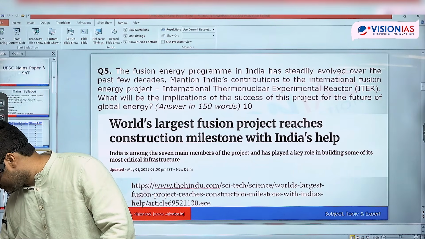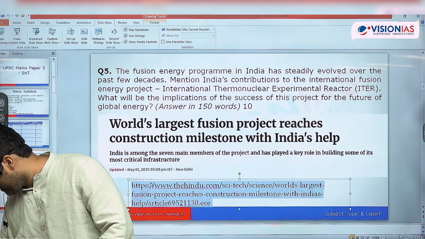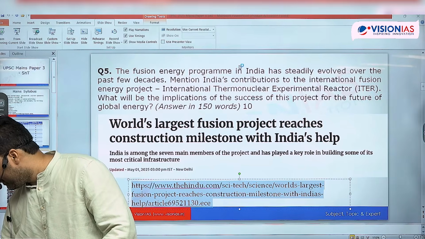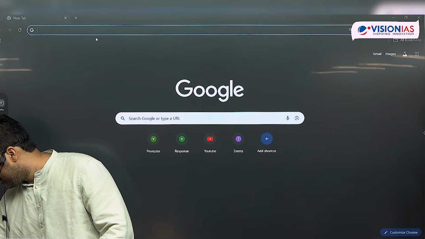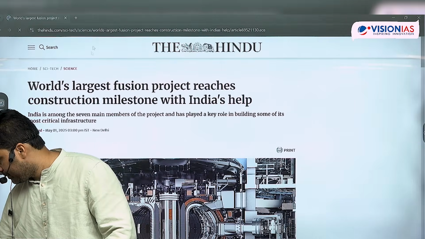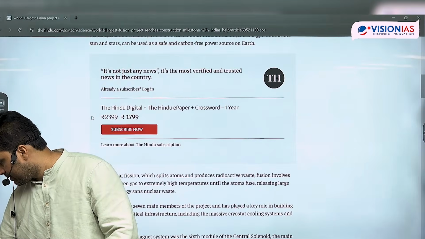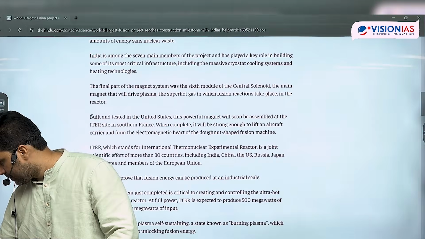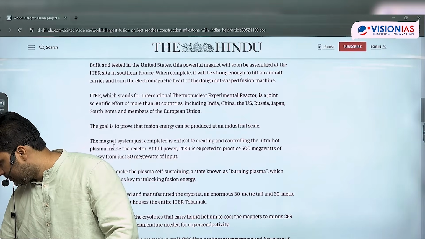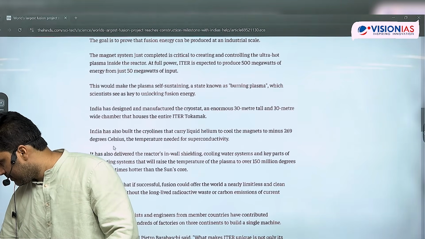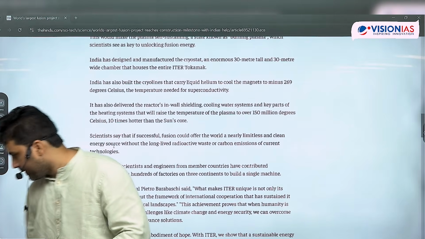In fact, let me show you if the article is not beyond a firewall. Okay.